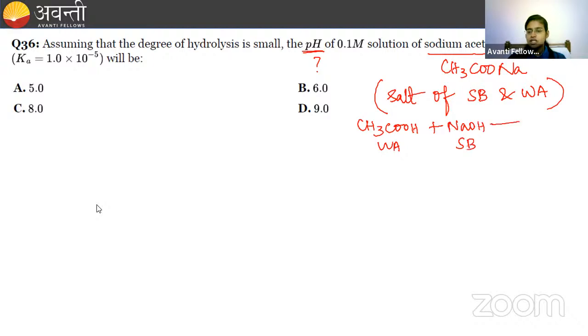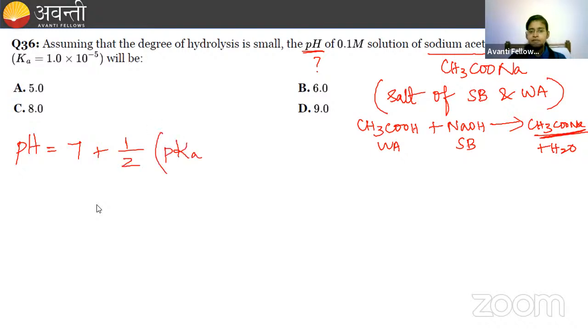If we mix these together, we will get CH3COONa plus H2O. So this is a salt of a weak acid and a strong base. For the salt of a strong base and weak acid, the formula to find the pH is pH equal to 7 plus 1 by 2 of pKa plus log C. This is the formula.